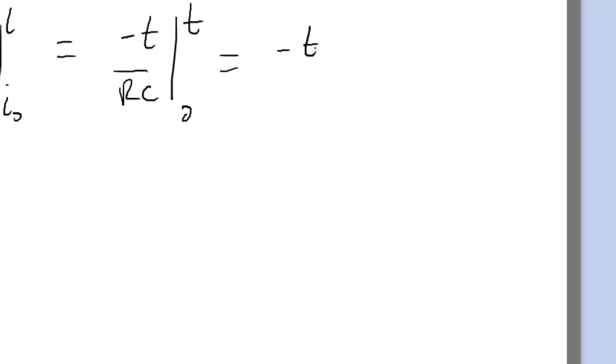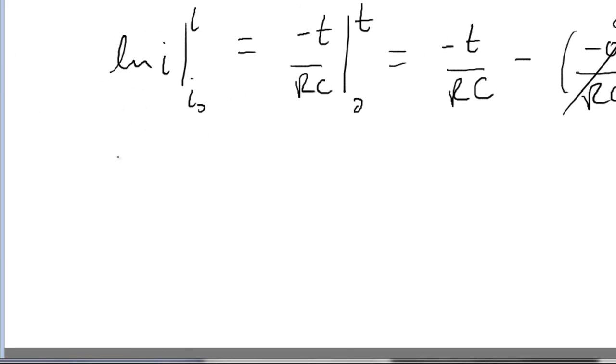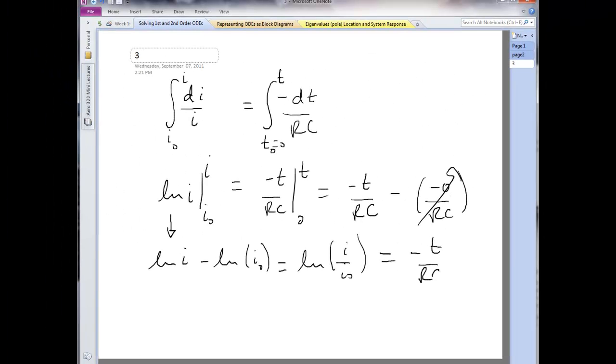So this is just minus t over RC and minus 0 over RC. So all that goes away. And this is just going to be the natural log of I minus the natural log of I naught. Well, we know that's just the natural log of I over I naught. And that's equal to minus t over RC.